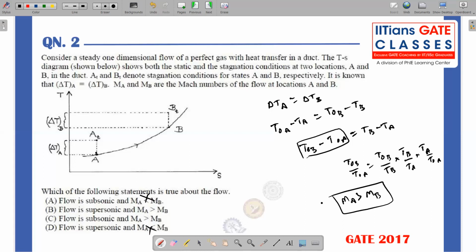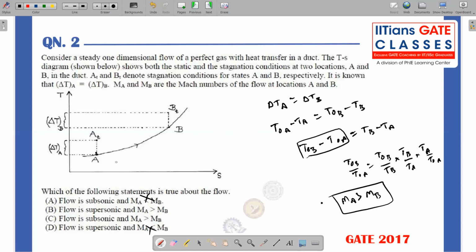If MA is going to be greater than MB, and we also know that T naught B is greater than T naught A, that means we are adding heat, and my Mach number MA is greater than MB.